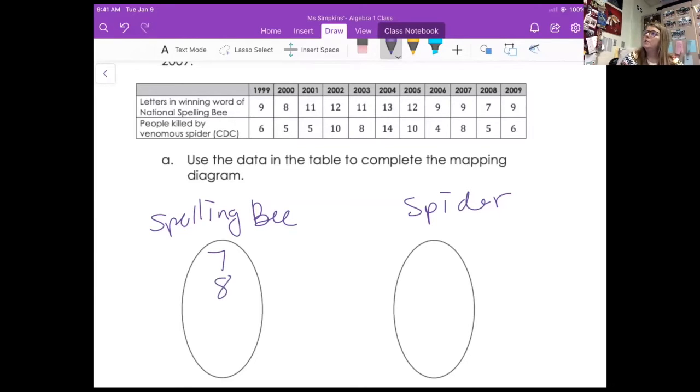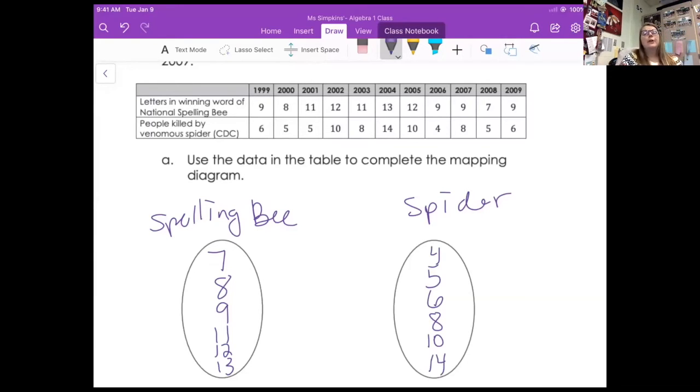The next smallest would be 9, then 11, 12, and 13. Again, I don't care that repeat. We'll show how it repeats in a second. And then if we're looking at spider, 4, 5, 6, 8, 10, and 14.